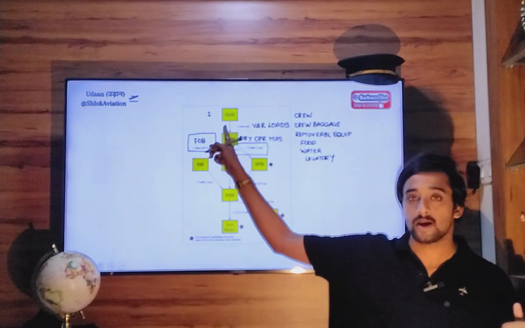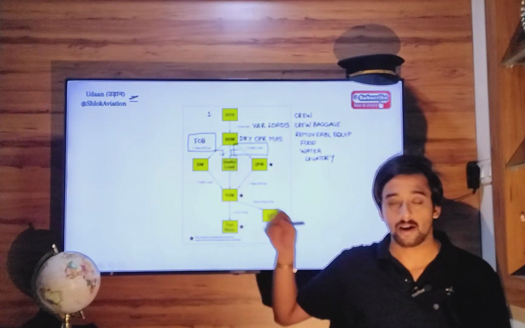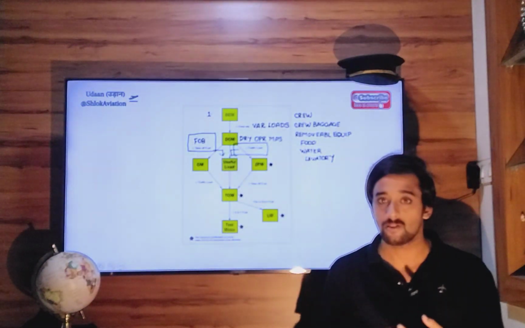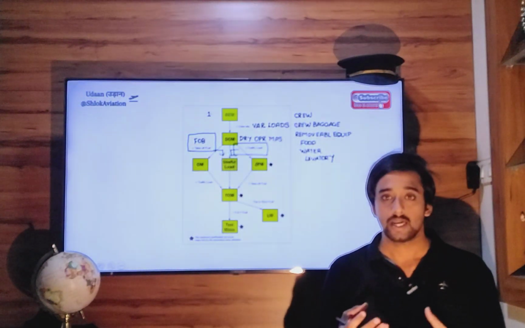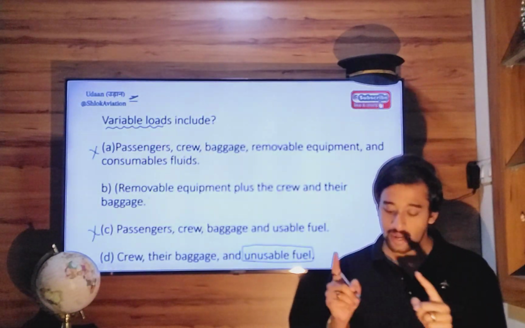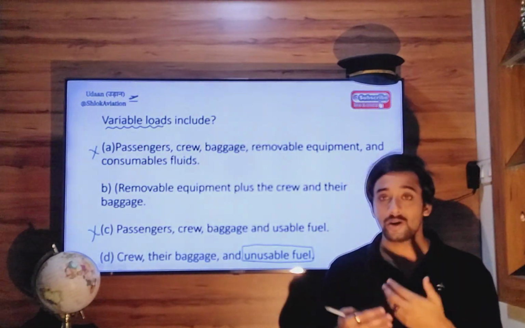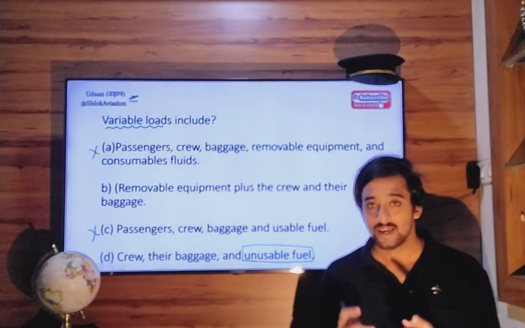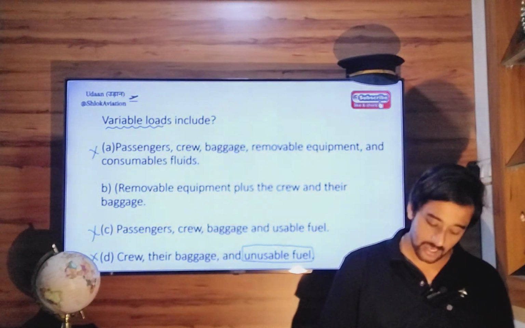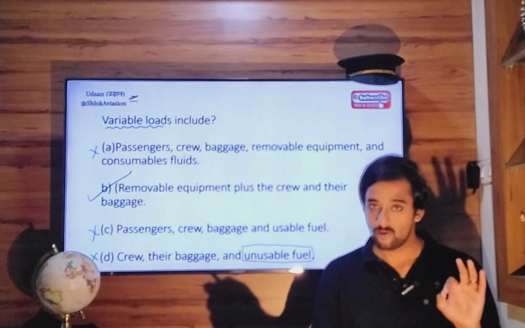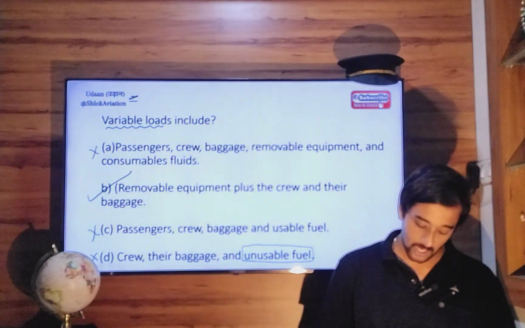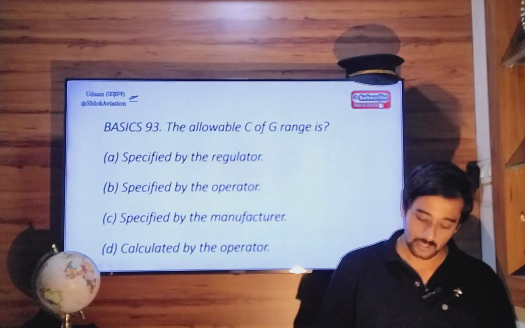This basic empty mass is nothing but standard mass of your aircraft plus standard equipment or standard items like unusable fuel, unusable fluids, emergency equipment, etc. Okay, so you need not add unusable fuel again in your variable loads. So Delta can be eliminated. Now we are left with option Bravo. Removable equipment, crew and crew baggage. So option Bravo is the right one.